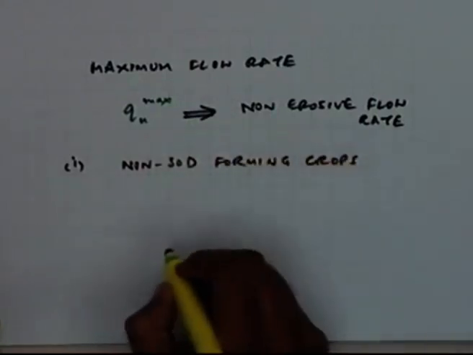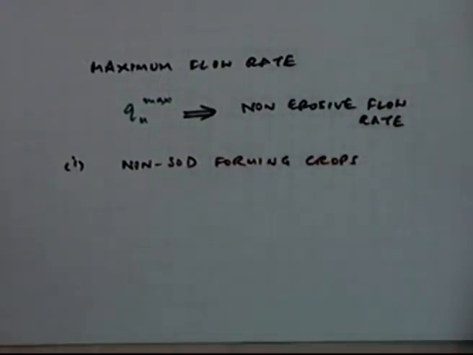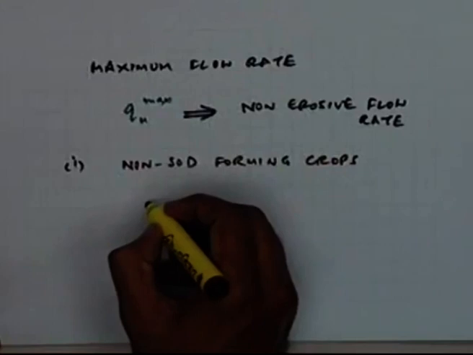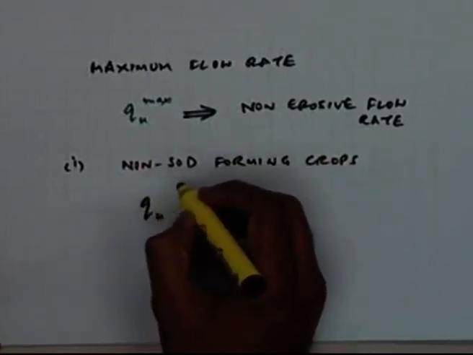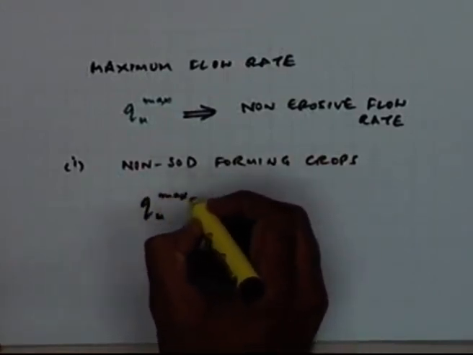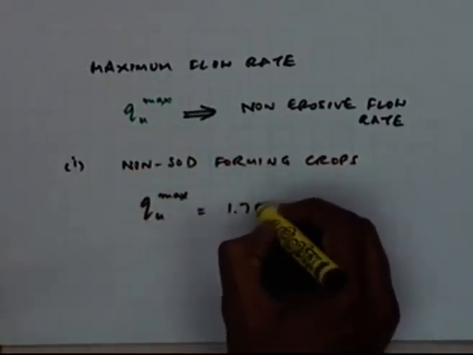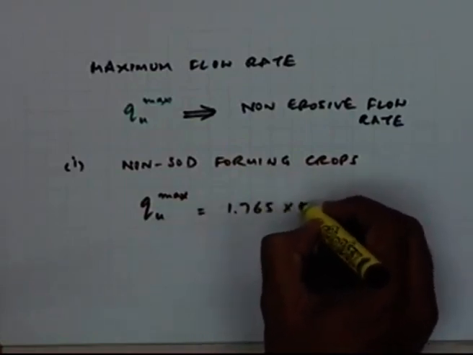crops, which include the crops like alfalfa or small grain crops, which are not having a lot of resistance. Their root system is not very well formed. So all those crops, if you encounter those crops, then your maximum unit stream size is given by this relationship.